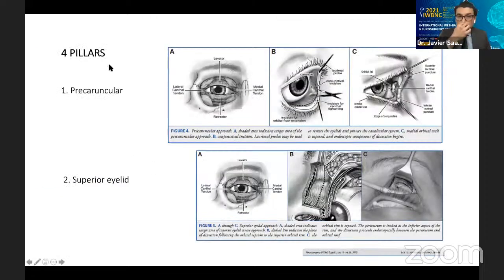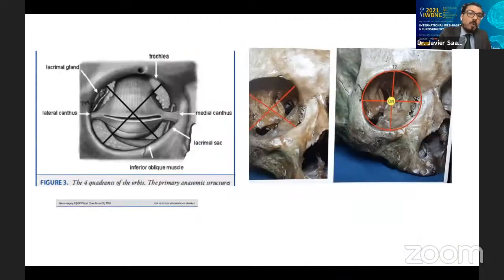She summarized also the different corridors that we use for access in the orbit. So she developed what we now call the 4 pillars of Tones. The 4 pillars are 4 types of corridors for access in the orbit through these 4 quadrants that she summarized.